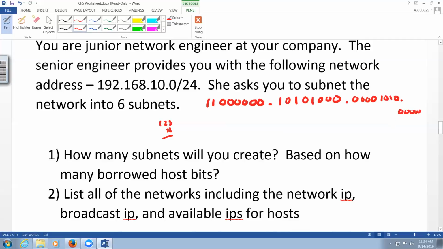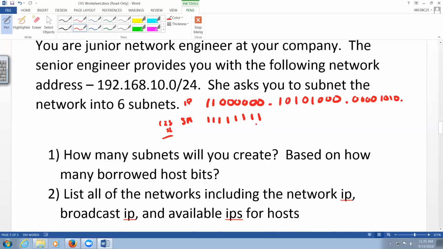All zeros. Okay? But the key about this is looking at the subnet mask. 255 is what? In binary, 255 is all ones. Okay? So here's the IP. Then here's the subnet mask. Anywhere there's a 1 down here, that is going to be all part of your network.